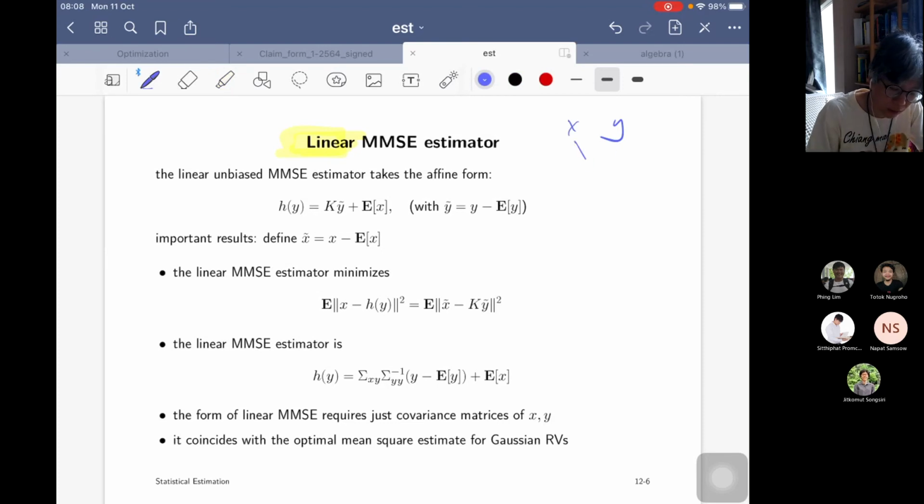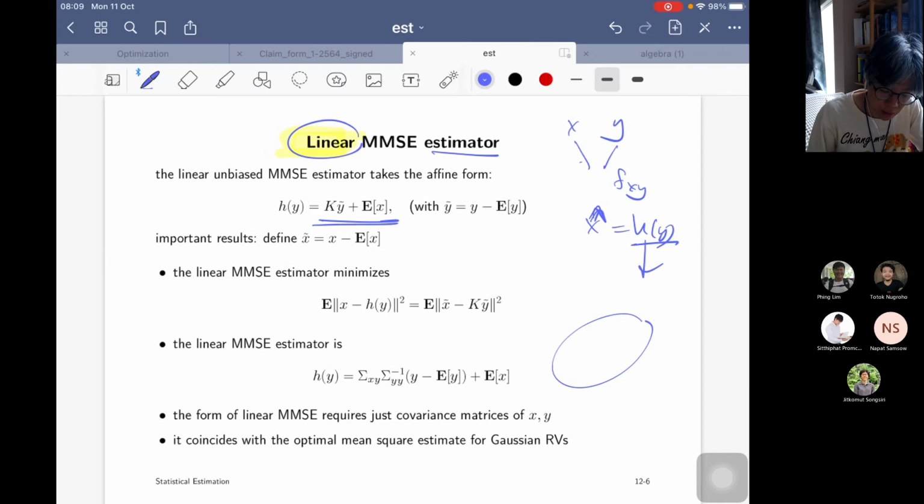We have two random variables x and y. These guys are jointly distributed. But when we say you want to come up with a linear estimator to estimate x, it means that the function of y should be parameterized linearly in y.